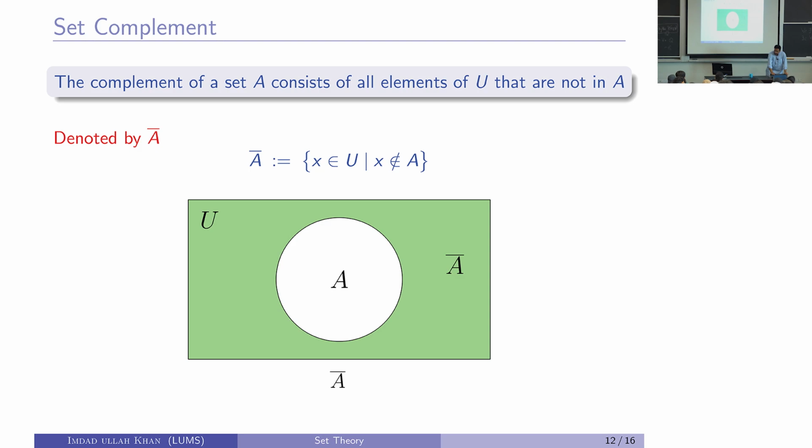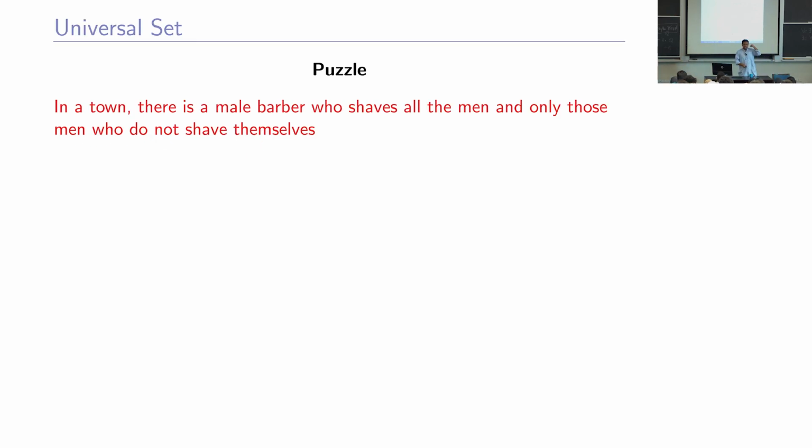So this is the definition. This is how you can picture it. If you have this universal set, let's say I pictured it as green, there is a set A, anything which is white, anything that is purely in green and not in white is called the complement of the set A, okay?